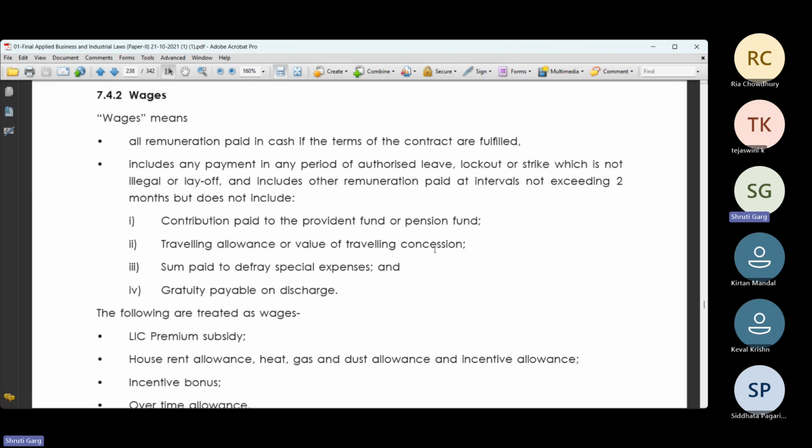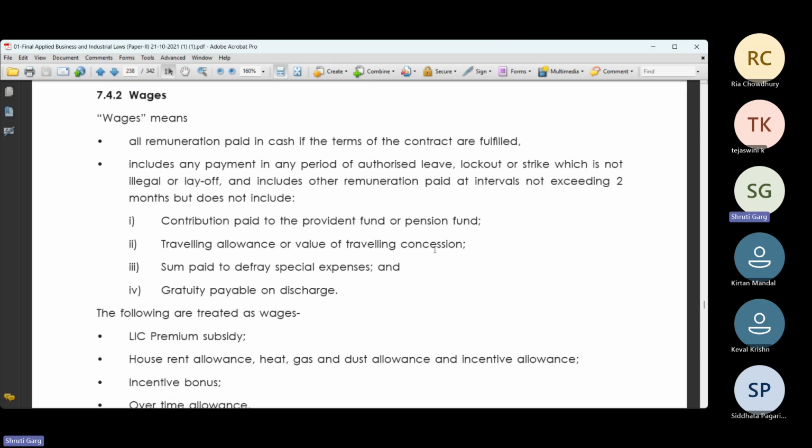Authorized leave. Every month the employee has the right to take 1 or 2 leaves as per the policy of the company, right? Even if the factory has a lockout or there is some strike which is not illegal, or layoff, right?